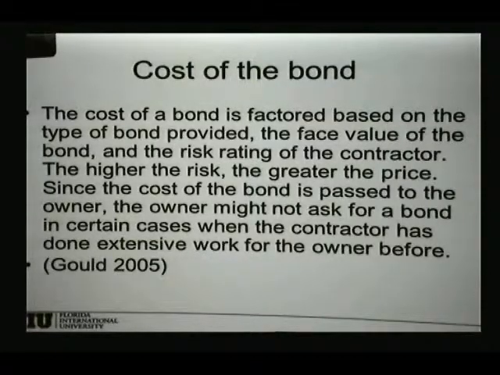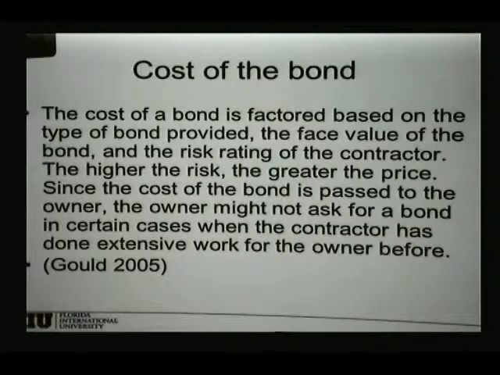So the cost of a bond depends on 1,000 factors. How large your company is, what is your record, how many years you've been in the business, if you're doing work that you usually do, or if you're going out for a different type of work. All of those things are considered by the surety company, and then they charge you for that cost.